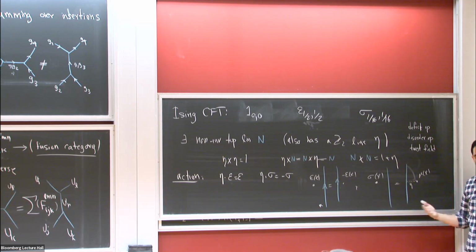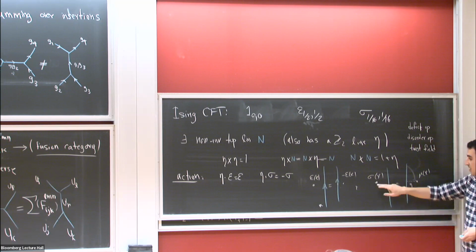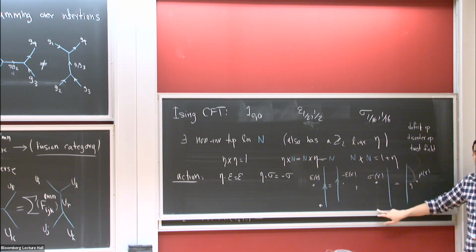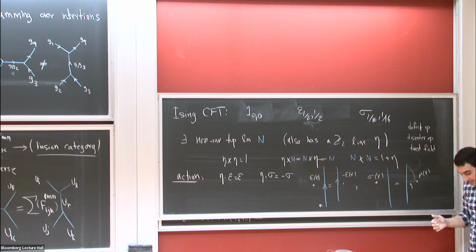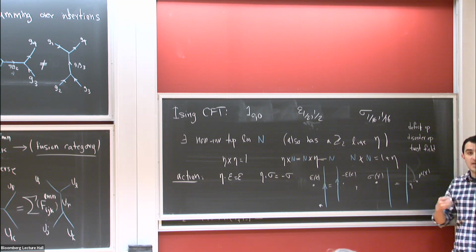When you gauge the Z2, this line is no longer attached to eta, but because it is not gauge invariant, now you attach it to a Wilson line. And then it gives an isomorphism between the theory before and after gauging. It's very important because usually non-invertible symmetry arises from self-duality, when you have a theory which is dual under gauging a discrete symmetry.